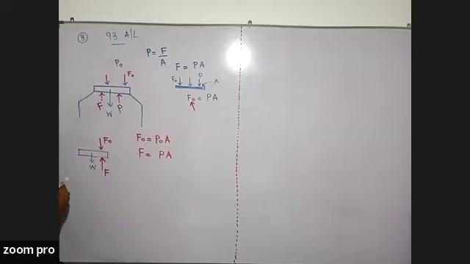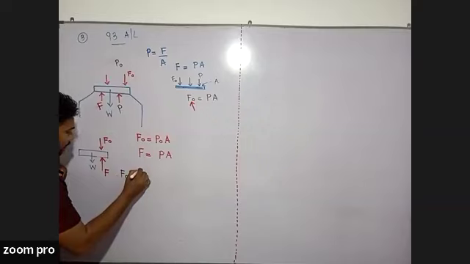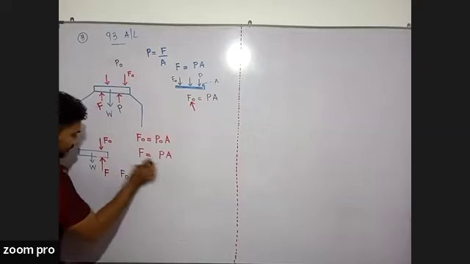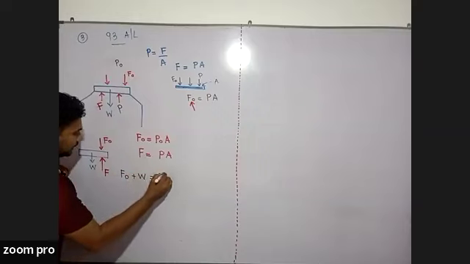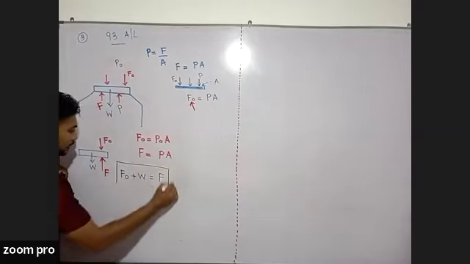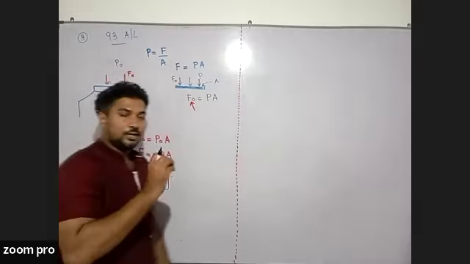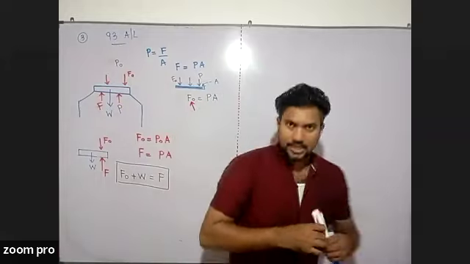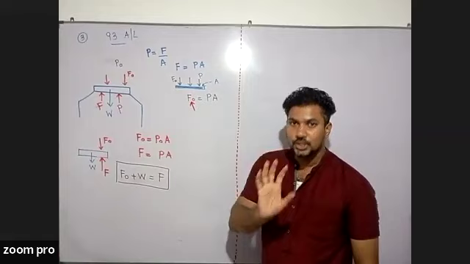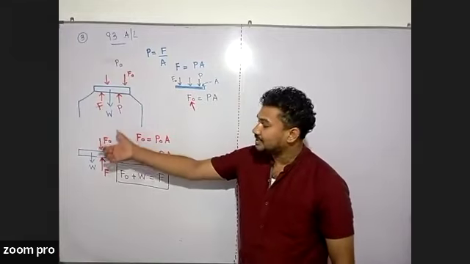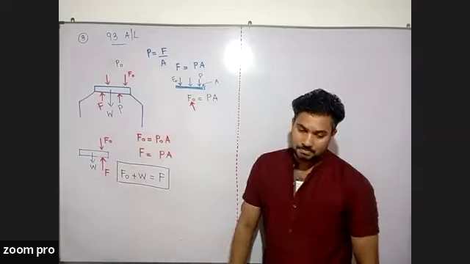If we consider the equilibrium theorem, then we can obtain the equation F naught plus W equals F. Normally, if an object is at an equilibrium state, the resultant force exerted on the object is equal to zero. By considering that theorem, we can derive this expression.